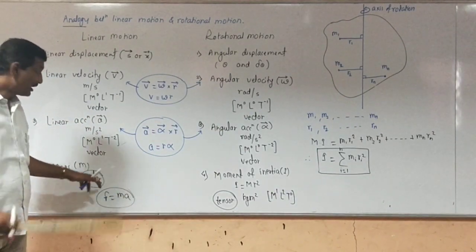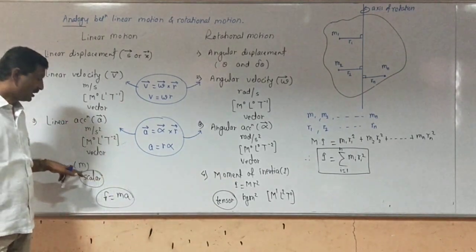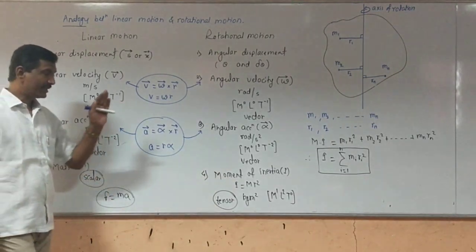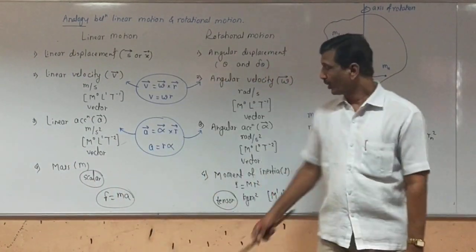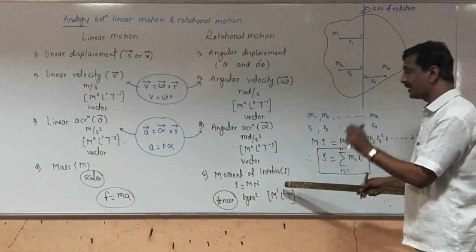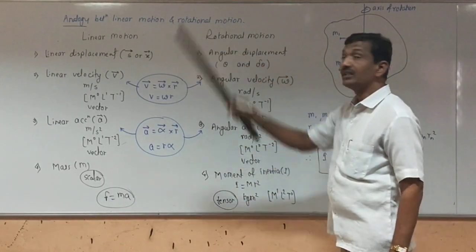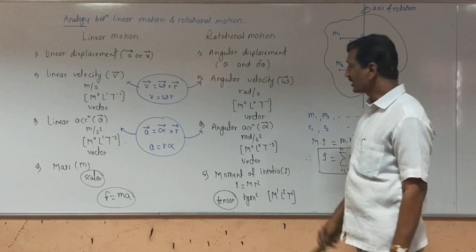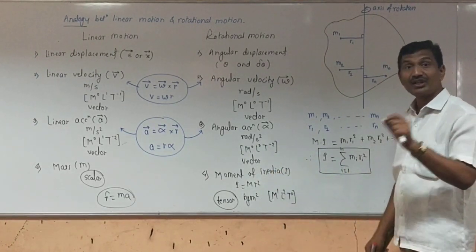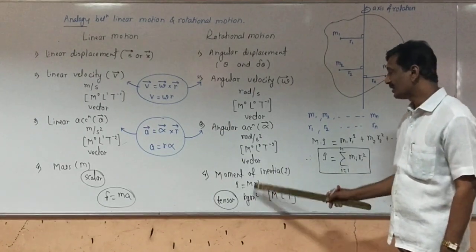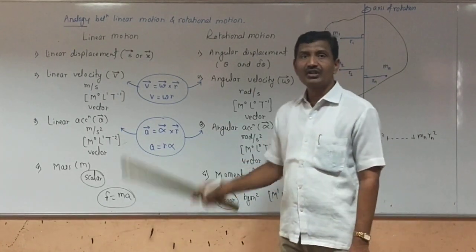Mass is a measure of inertia, meaning the greater the mass of a body, the greater is the inertia. Similarly, in rotational motion, moment of inertia plays the role that mass plays in linear motion. That is why moment of inertia is called rotational inertia.